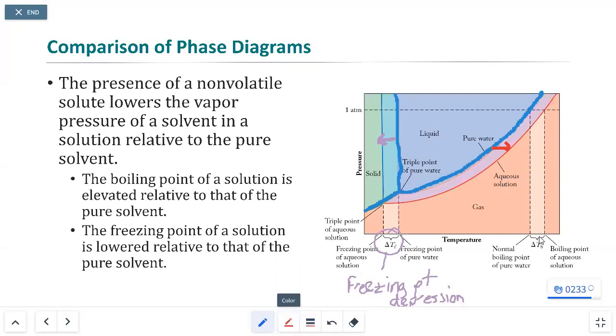And over here we have the boiling point elevation. Because we can see how much that boiling point has increased as it went from solvent to solution. So everything has moved as a result of these extra intermolecular forces.